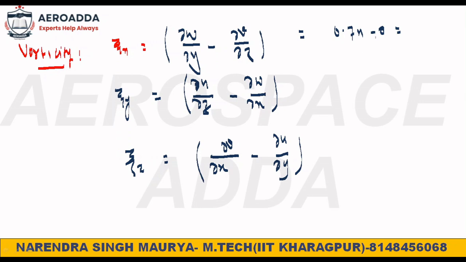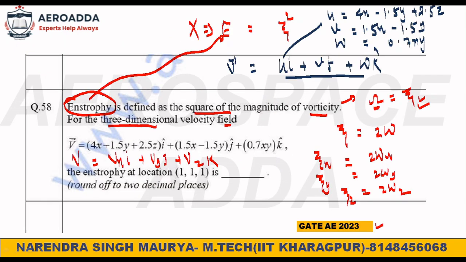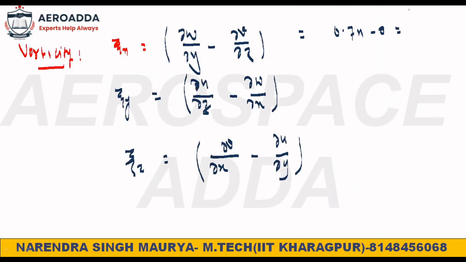Dou v by dou z is nothing but 0, because in v, z function is not there. And they said we need to calculate all the values for 1,1,1. So it's your choice if you want to write satisfied all the points with 1,1,1 here, or later on also, it's your choice. So I can write 0.7x.